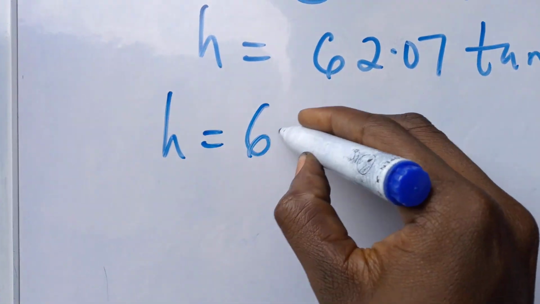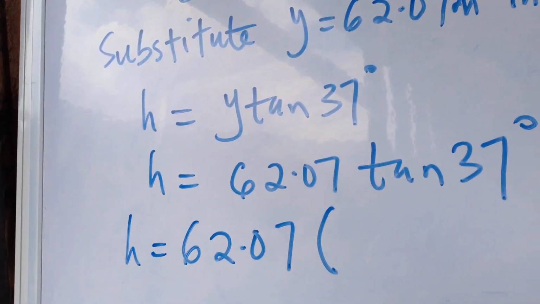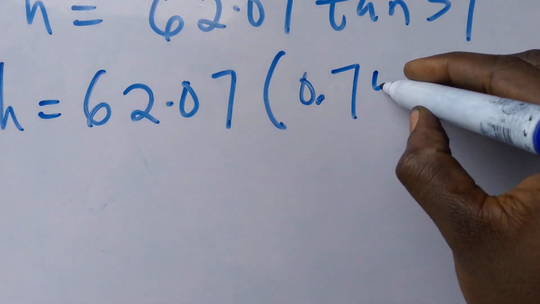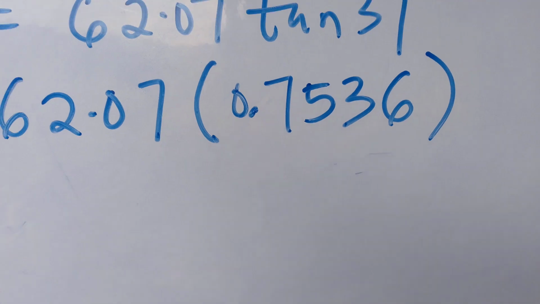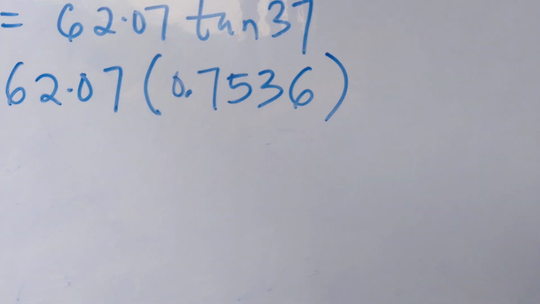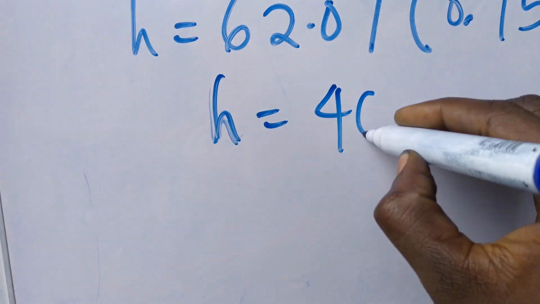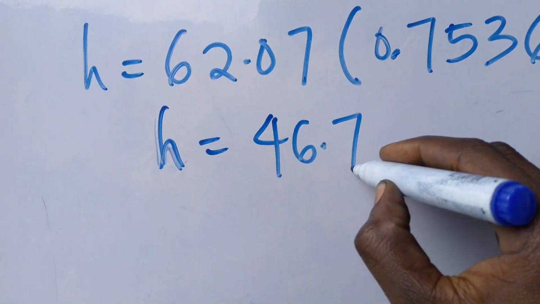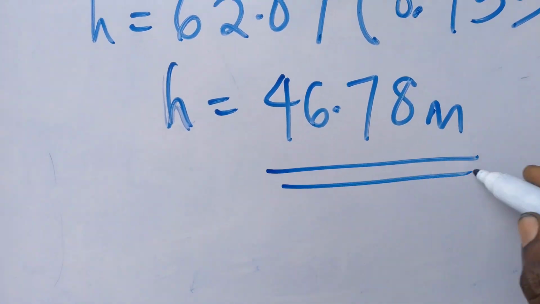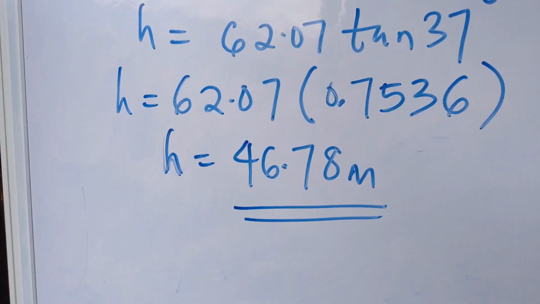Tan 37 gave us 0.7536. If I multiply 62.07 times 0.7536, this gives us h equal to 46.78 meters to 2 decimal places. So this is the height of the pole. The height of that pole is 46.78.